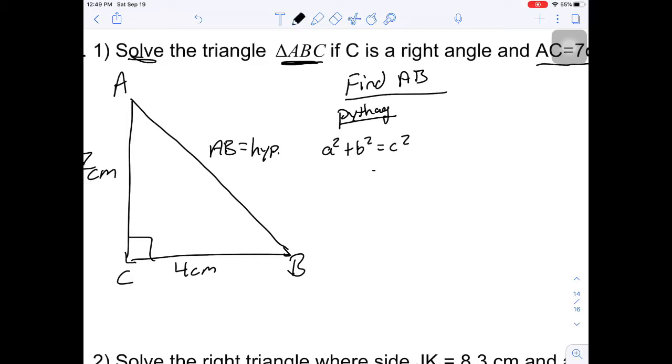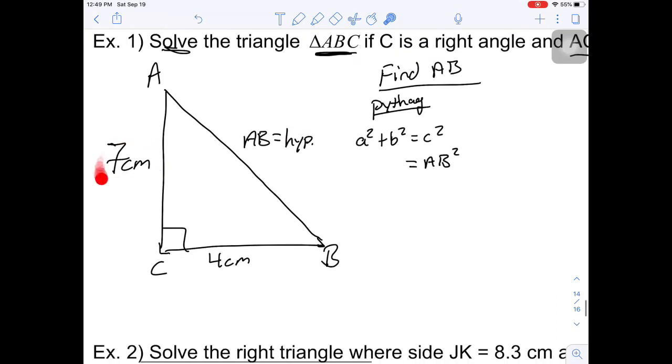So A to B squared is C, because it has to be the hypotenuse. Then the 7 here can be placed in for either A or B. It doesn't matter which one as long as C is the hypotenuse. So it'd be 7 squared plus 4 squared.